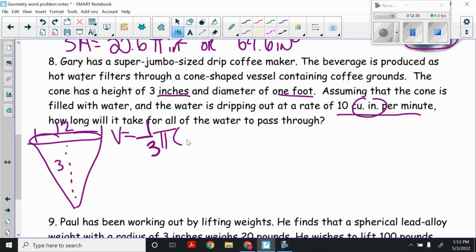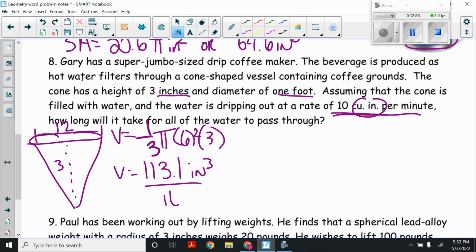So the radius is going to be 6 inches squared times the height of 3. Multiply all of that through, and I need to go ahead and multiply by pi since I'm going to have this conversion here. And I have 113.1 cubic inches of water that's in here. It passes at a rate of 10 cubic inches per minute, so I'm going to divide this by 10. And I find out that it's going to take 11.3 minutes for all of the water to pass through.